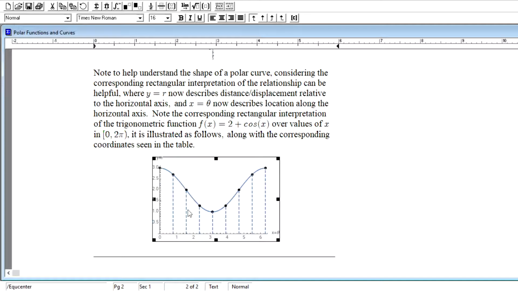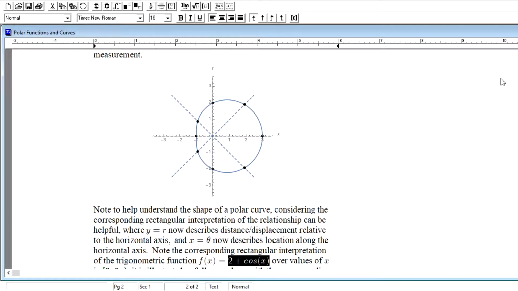Where we're pretty used to graphing something like 2 plus cosine x in the rectangular system, and with this understanding in place and knowing that x is now going to describe our angle measurements and this vertical distance of y is going to describe our radius, we can interpret the picture here, the illustration in the rectangular context, to help us derive this illustration we see here in the polar context.